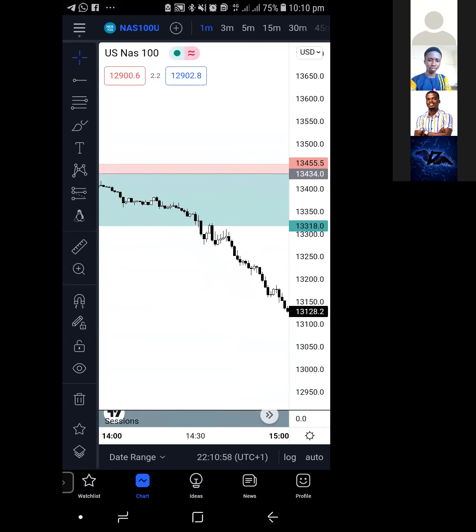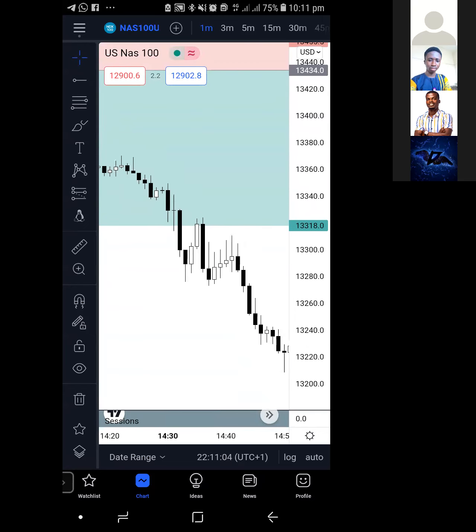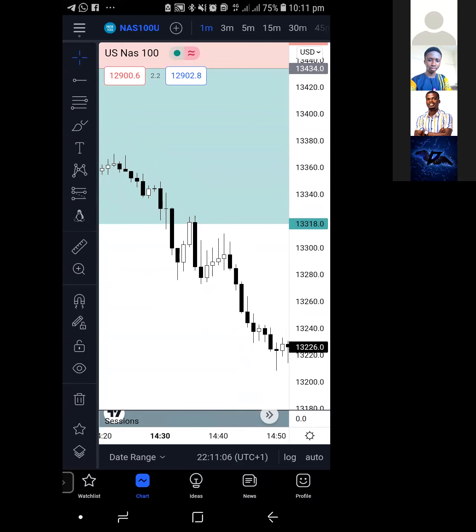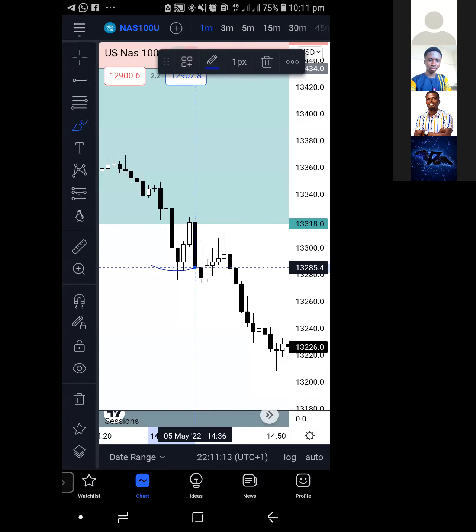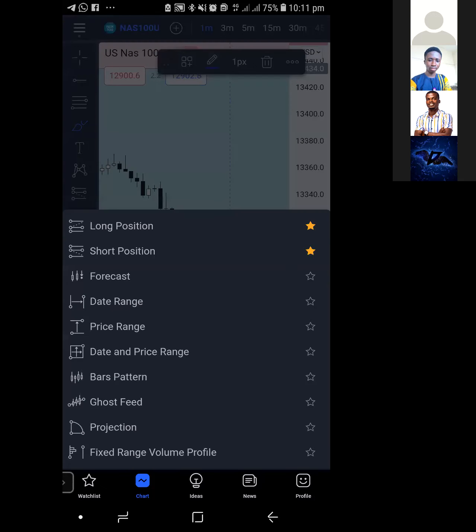Here's the second entry. Beautiful. Current trading range, like you can see. Low, high, lower low. Actually, then the 50% of this, and that was my second entry.